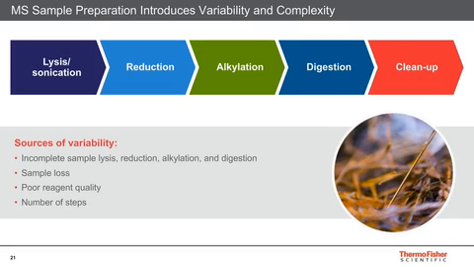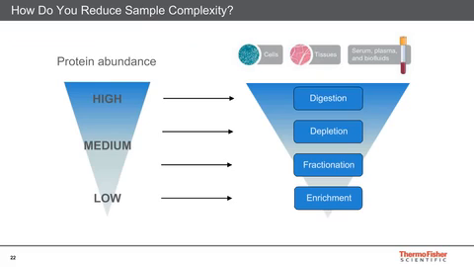Now that I've introduced the tandem mass tag reagents for sample multiplexing and quantitation, I would like to talk about additional ways to improve mass spec sample preparation upstream of sample labeling. Unlike Western blotting, which has minimum sample preparation before SDS-PAGE analysis, proteomic samples require lysis, reduction, alkylation, digestion, and cleanup before LC-MS analysis.